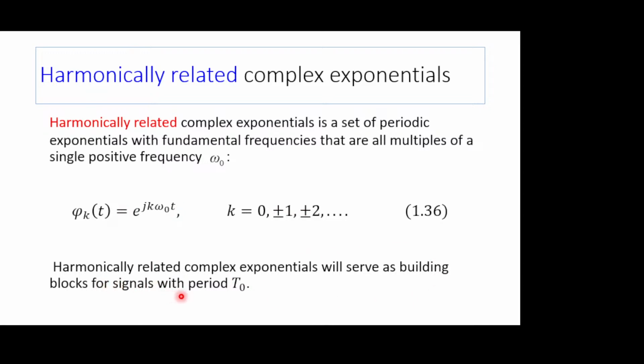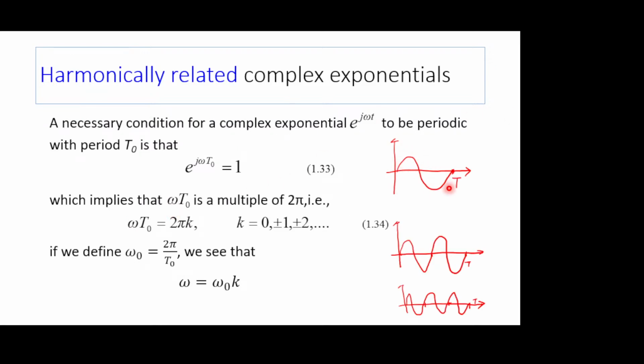Okay, so that's why we want to talk about it here. Here we see that we have these integer multiples, e to the j k omega naught t, and they all share the same period, big T. Any question?